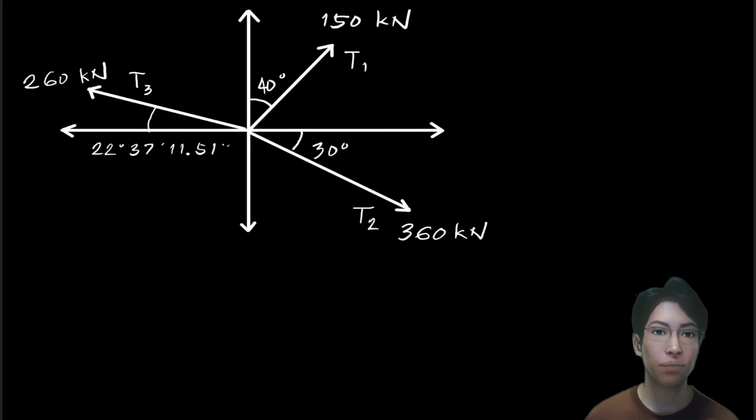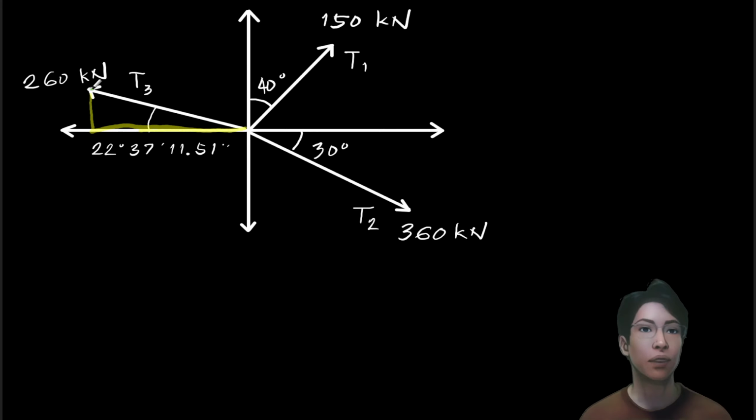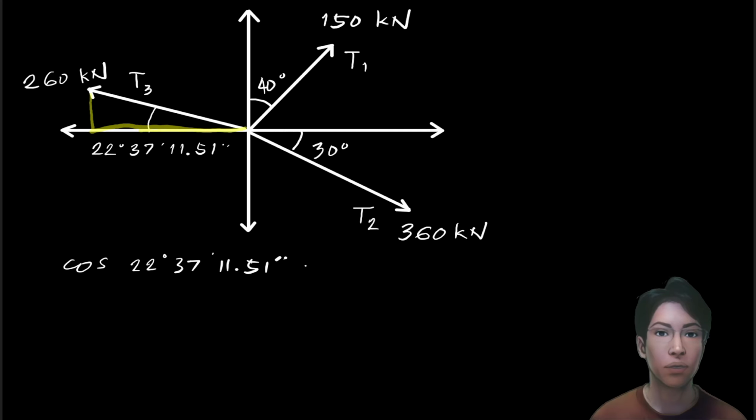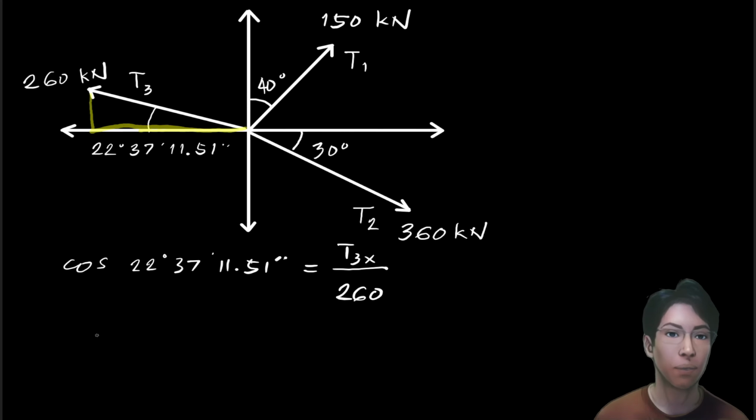For t sub 3, let's consider now this triangle, this one, and this one. All right, so again, we solve for the x component. Solve for the x component, so that will be cosine of that angle is equivalent to t sub 3x over 260.